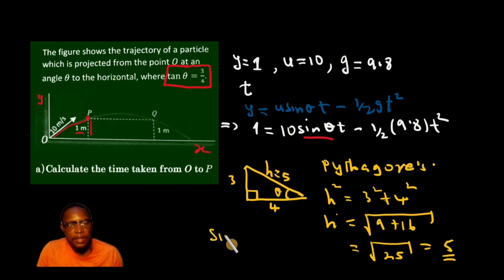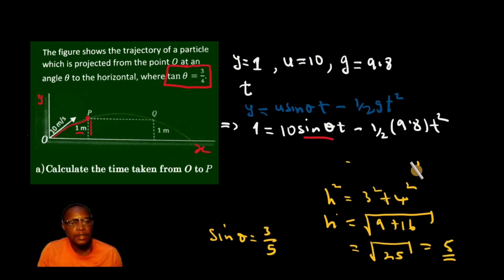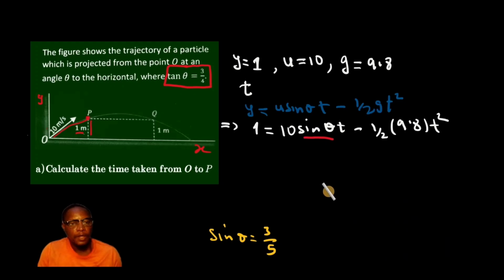Now sine theta equals opposite over hypotenuse. The opposite here is 3, so sine theta is 3/5.